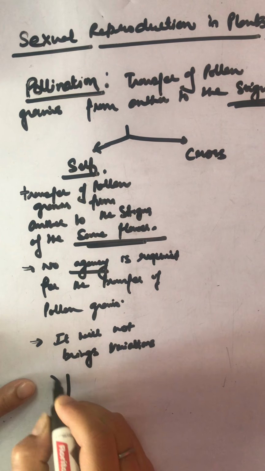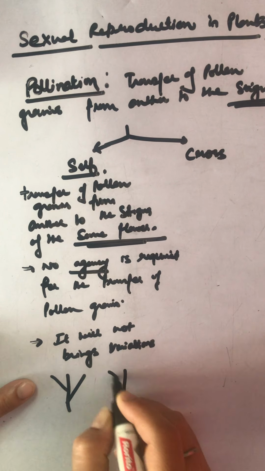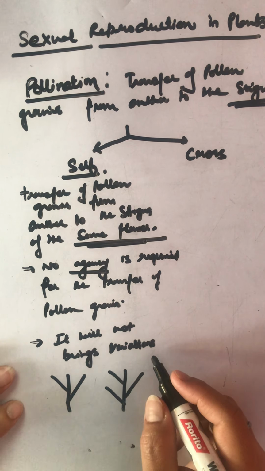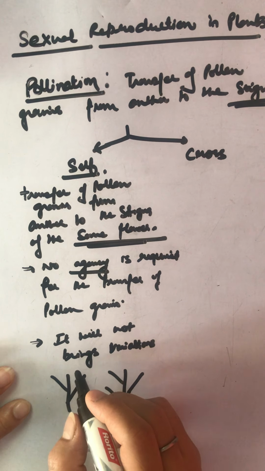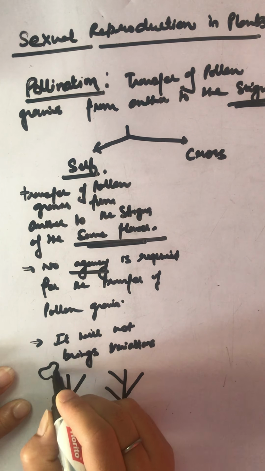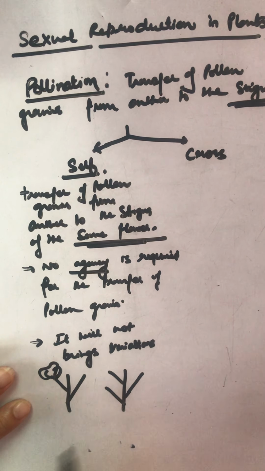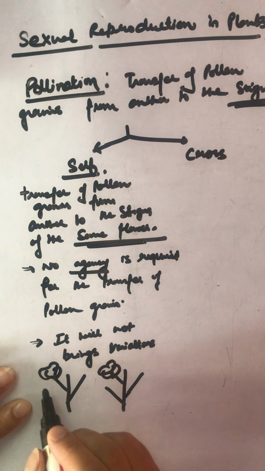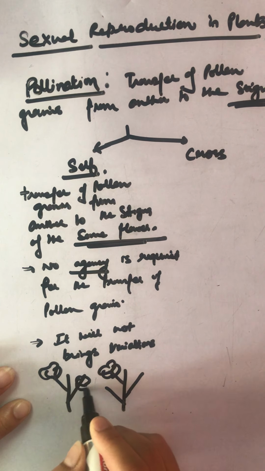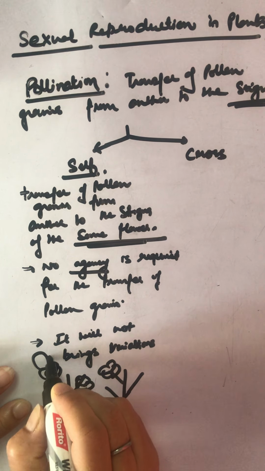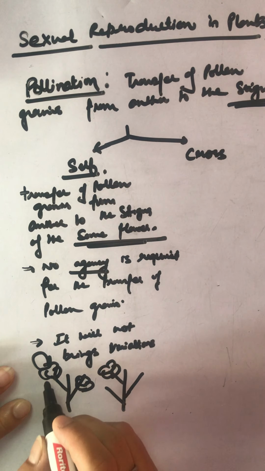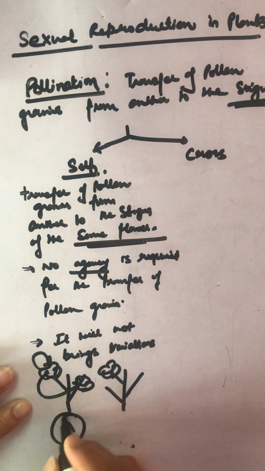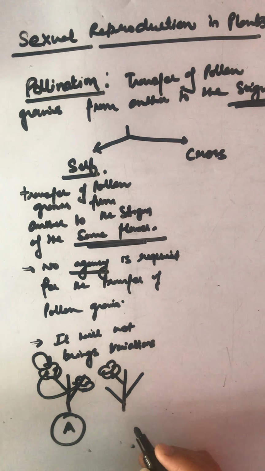Like, see, there is a flower and there is another flower. If it is happening here, self, from here to here, self, because it is taking place in plant A only.